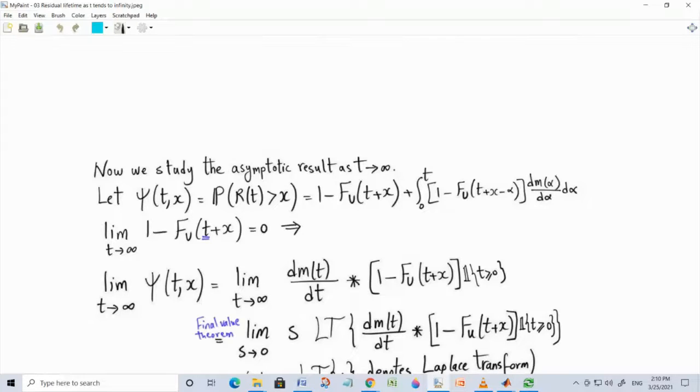So in applications, typically you will assume that T is very large.